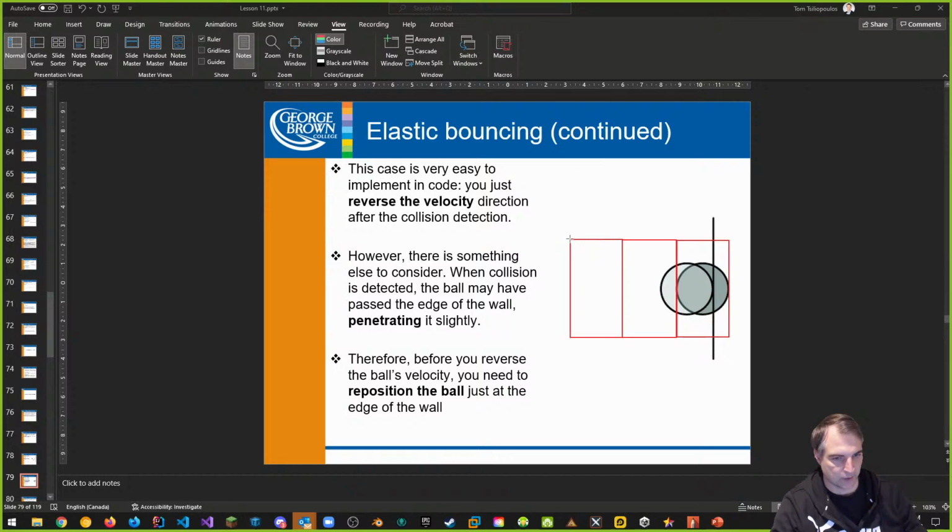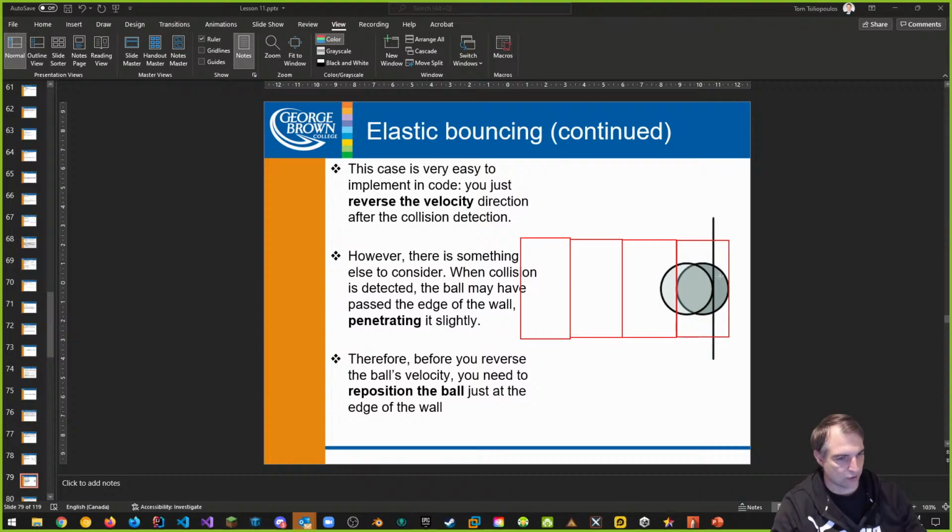I'm just trying to make them as even as possible. They have approximately the same velocity in every one of these boxes. So the ball was here, the ball was here, the ball was here, and then the next position was through the wall. That can happen. And if the ball penetrates through the wall like this, we need to reposition it back out. And we need to apply the bounce when it's repositioned, not when it's penetrating.